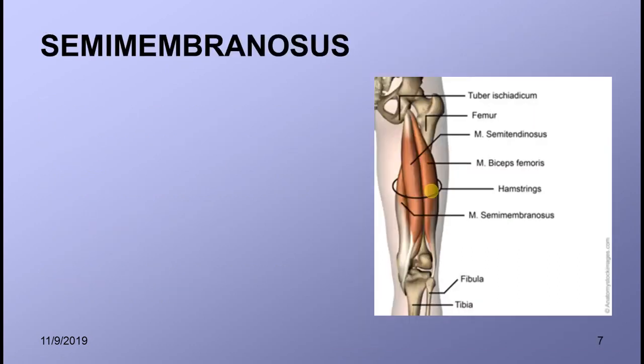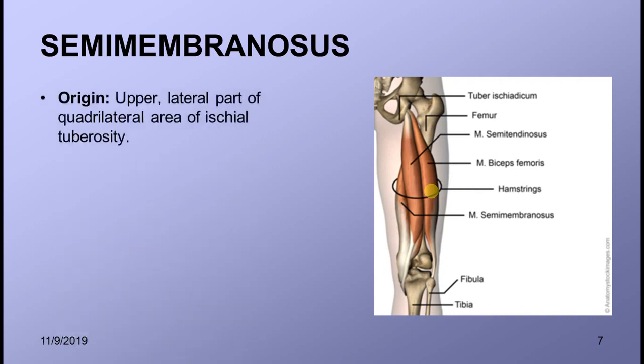So the first muscle, semimembranosus, arises from the upper lateral part of the quadrilateral area of the ischial tuberosity. Now if you look at the ischial tuberosity, it can be divided by a transverse ridge into an upper quadrilateral area and a lower triangular area. The upper quadrilateral area is again divided by an oblique ridge into an upper lateral area and a lower medial area.